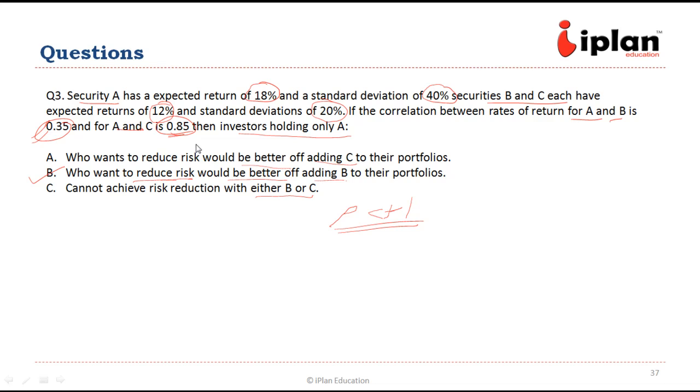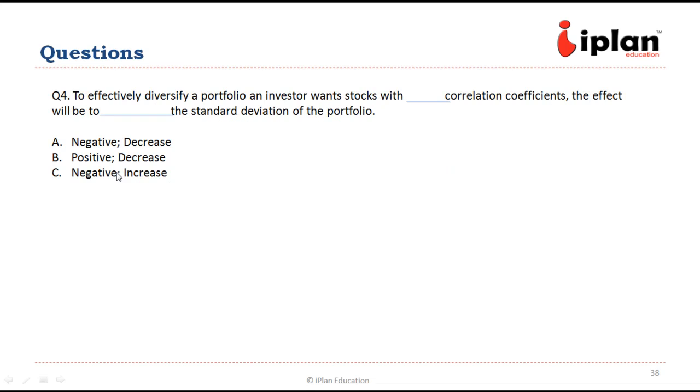So B is the right answer. Now let us move to question number 4. It says, to effectively diversify a portfolio, an investor wants stock with negative correlation coefficient. The effect will be to decrease the standard deviation of the portfolio. So A is the right answer.